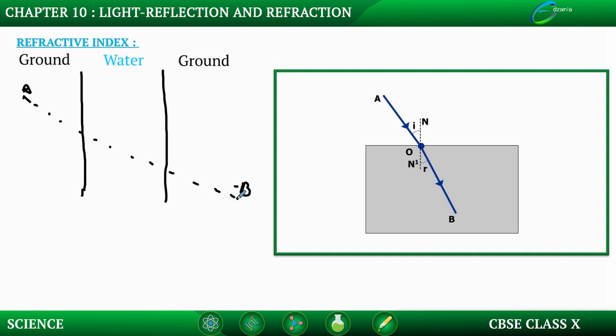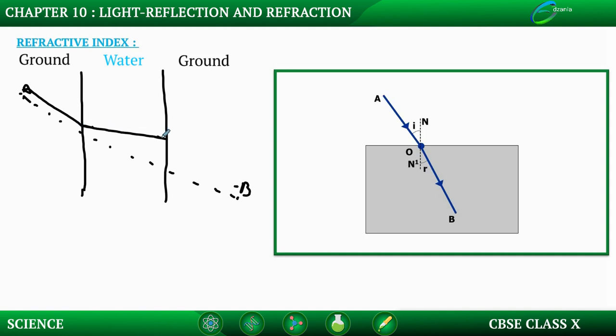That holds when we are traveling in one medium. But in this situation, what will happen? We know that we will move faster on the ground compared to in the water. So we will start from this point. As soon as we reach the interface of ground and water, we will try to shorten our path because speed is minimum.